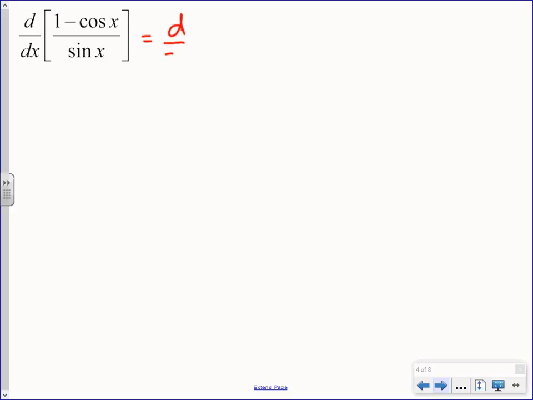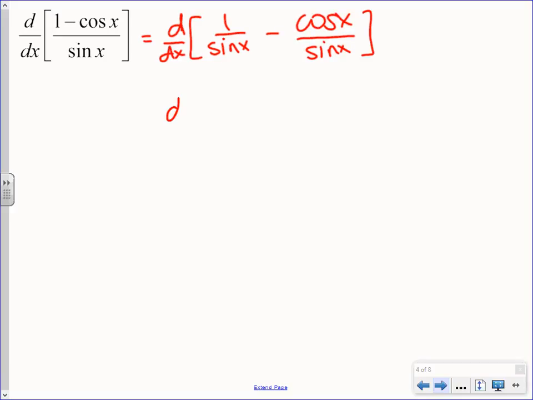We could take the derivative of 1 over sine minus cosine over sine, which means cosecant minus cotangent. Which one's going to be easier, taking the derivative of the quotient or taking the derivative here?